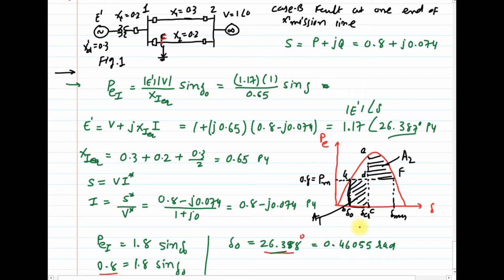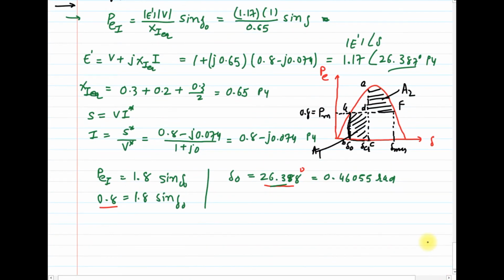So from this just apply the equal area criteria on this figure number 2, the P delta curve. For the stable operating condition, A1 must be equal to A2.